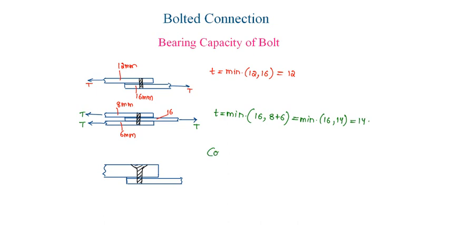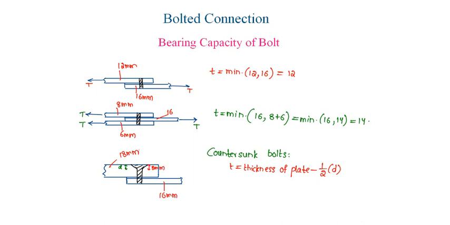Whereas in case of countersunk bolts, that is bolts are not visible outside, they are countersunk inside, this will be the countersunk depth, say it is some D. In case of countersunk bolts, t is the thickness of plate minus half of the countersunk depth, that is D. Let us take an 18 mm thick plate connected to a 16 mm thick plate using countersunk bolts, and the countersunk depth is say 8 mm.